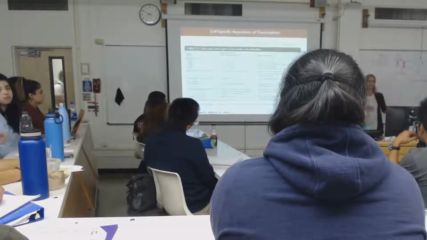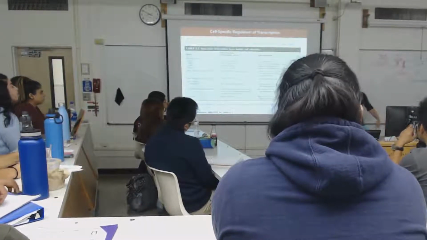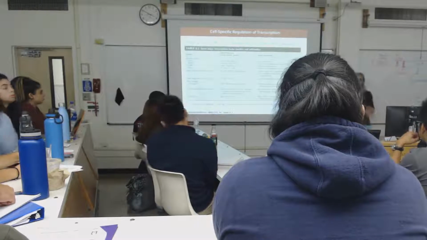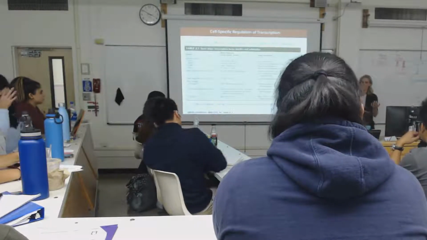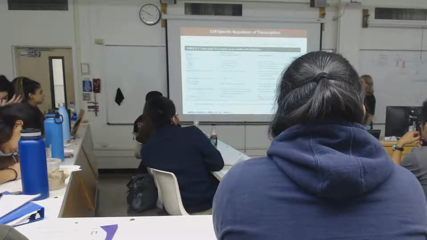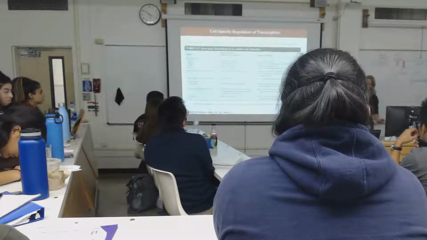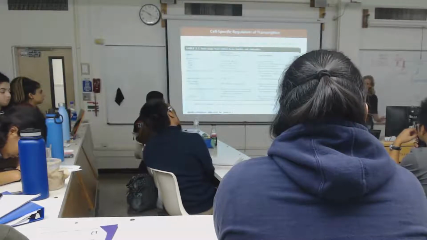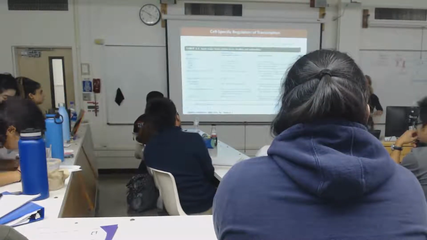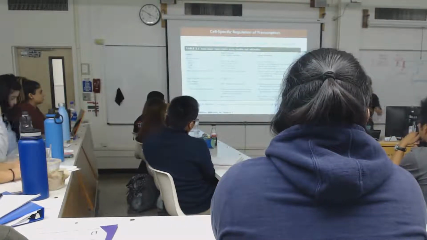We need all this complex genetic regulation expressing different genes in different cells. All the light switches are there. They're always there. That's the DNA. It's the different hands that differ. You represent all the different hands.